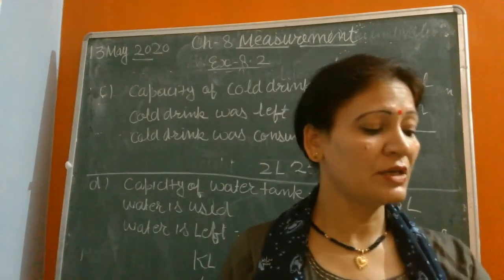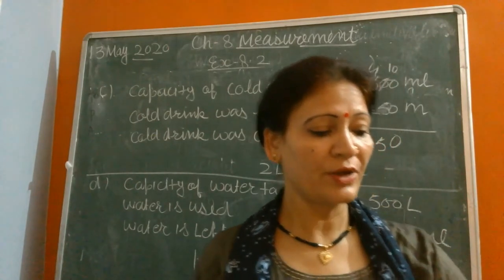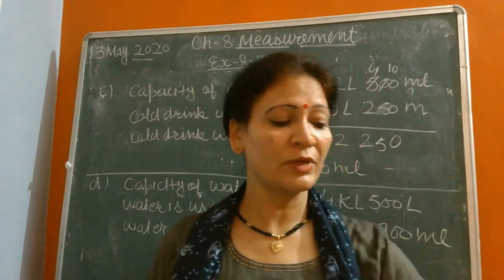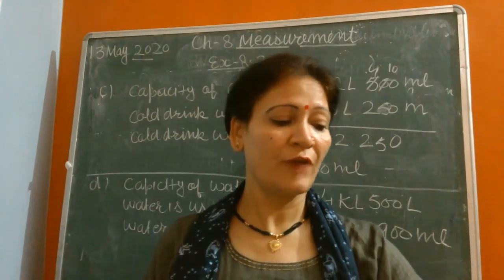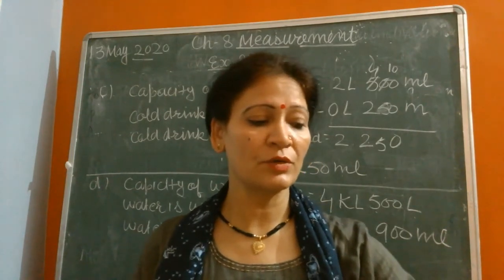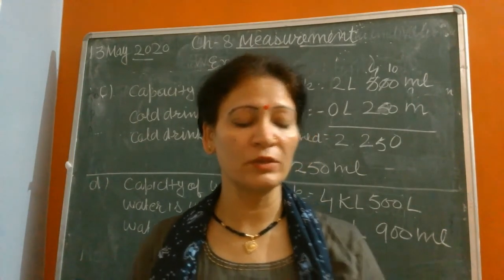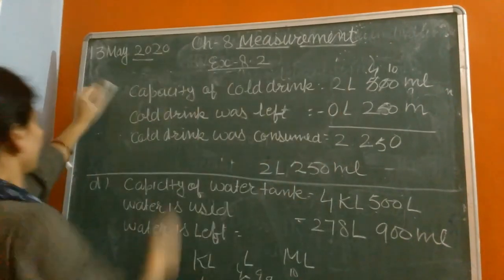Now part E. Ravi walked 5 kilometer 275 meter on Monday, 3 kilometer 890 meter on Tuesday, 515 meter on Wednesday. What is the total distance covered by Ravi on all these days?